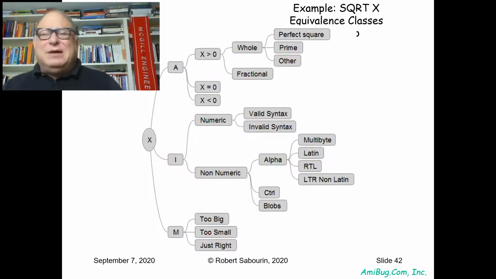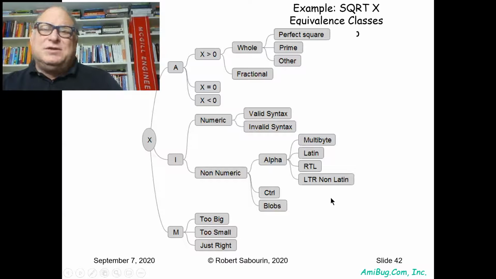A right-to-left language might be something like Arabic, Farsi, Hebrew, Urdu, Pashto, those types of things. A Latin-based language, French, Italian, Spanish, that type of stuff. And multi-byte would be languages that require codings which require more than one byte in the Unicode code set. For example, it's pretty common for Asian languages like Chinese and Japanese to be coded in multi-bytes.